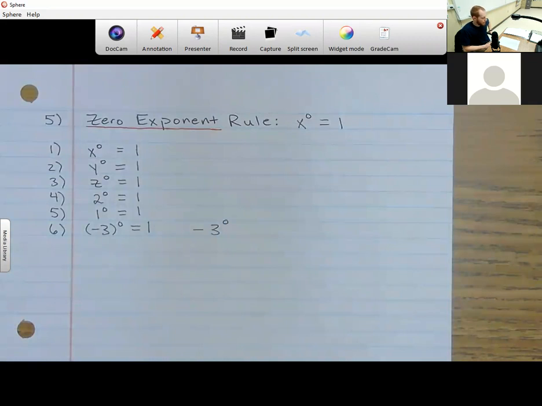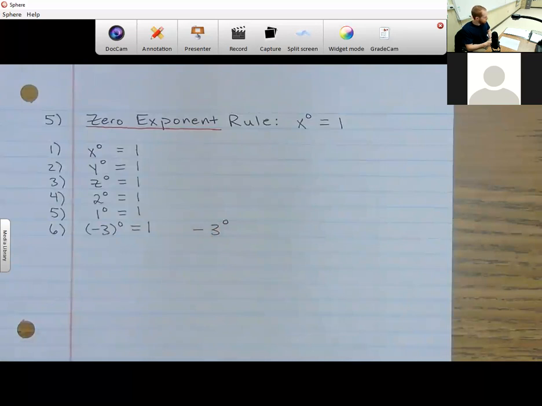For number 6, I've got (-3) raised to the 0 power. But here, I've actually got something a little bit different. Notice that there's no parentheses. That means that we have a +3 raised to the 0 power, but the negative is out in front. So you could think about it as my coefficient is -1, and 3 is going to be my variable. That's another way you can think about it.